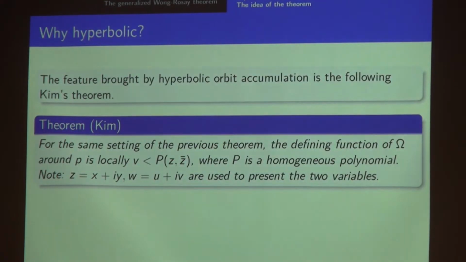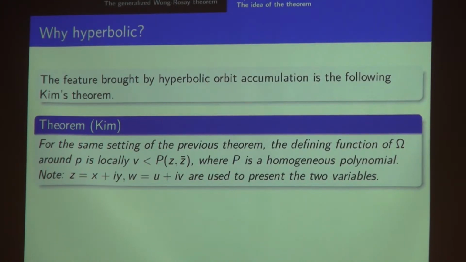Why do we assume hyperbolic? Because in 2012, Kim and Yu improved a theorem. She also used hyperbolic, and this theorem tells us that in exactly the same setting as the previous theorem, the defining function is v smaller than p(z, z bar), where p is a homogeneous polynomial.